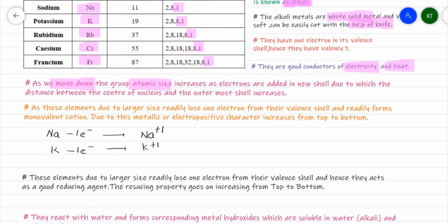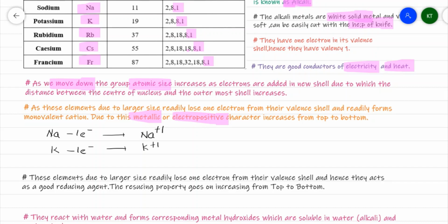So all these elements, because of their larger size, readily lose an electron and form a monovalent cation, that is a positively charged ion. Because of this nature, these are called metallic elements or electropositive elements, and this electropositivity, that is the tendency to lose electrons readily and form positively charged ions, goes on increasing from top to bottom.